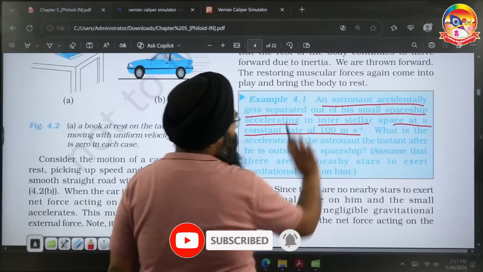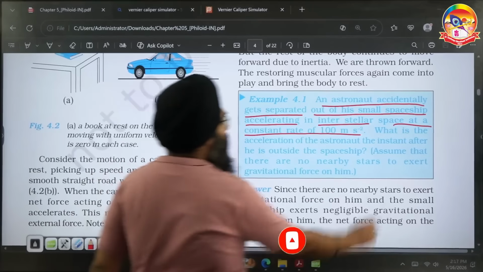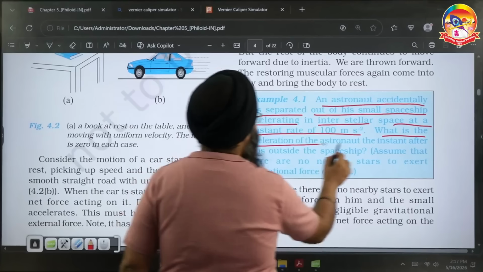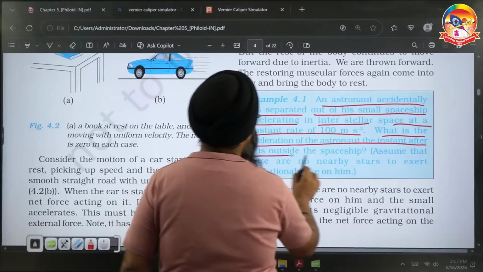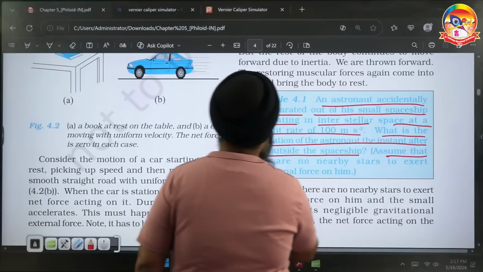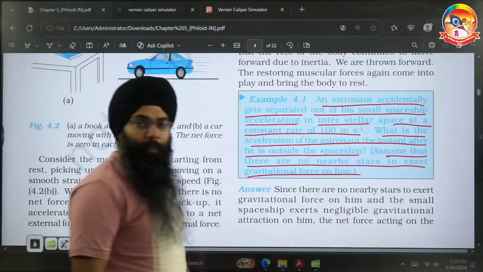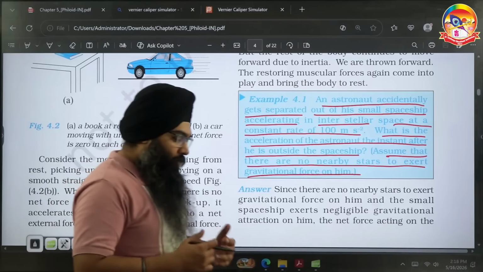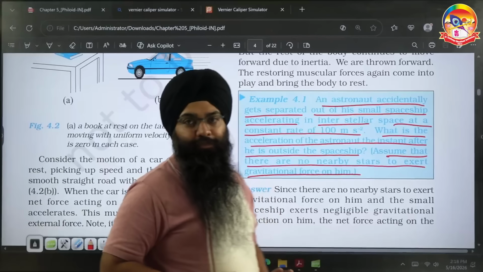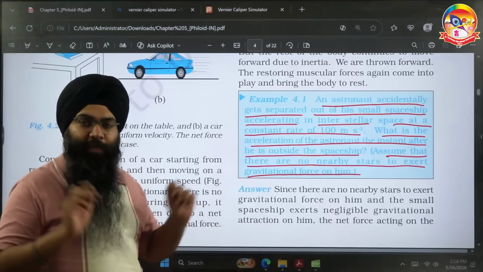The acceleration of the spaceship was 100 meter per second square. What is the acceleration of the astronaut the instant after he is outside the spaceship? Assume that there are no nearby stars to exert gravitational force on him. So basically, if you are separated from the spaceship, you will be in interstellar space.